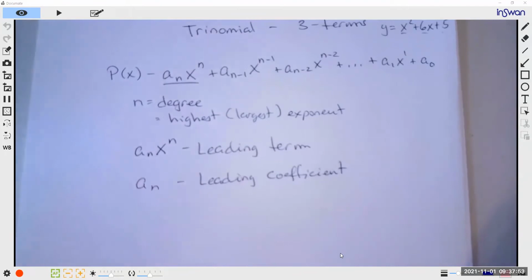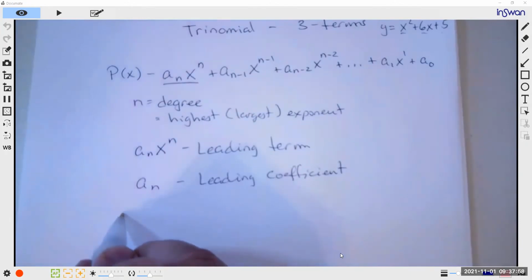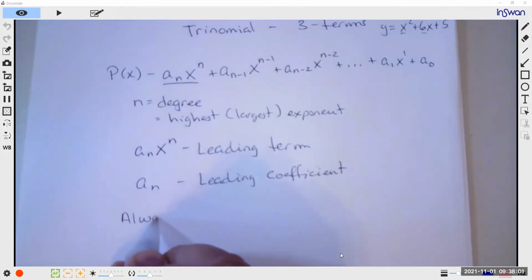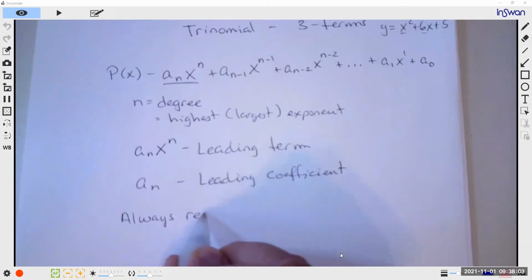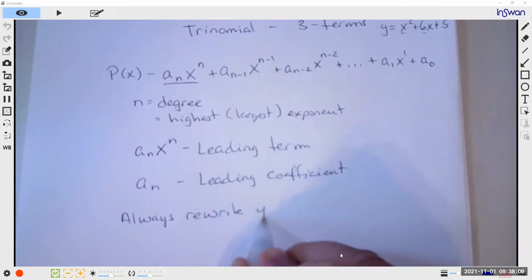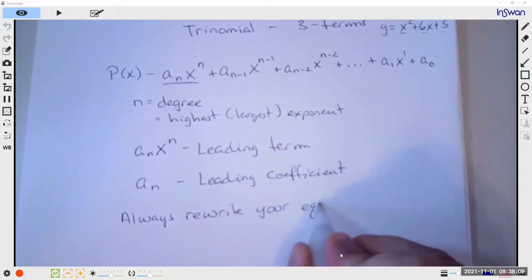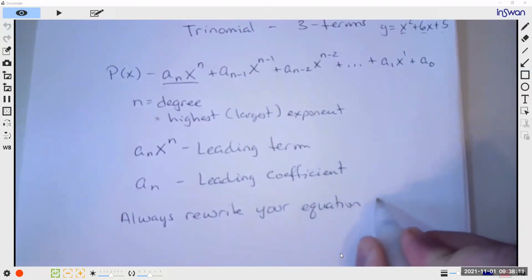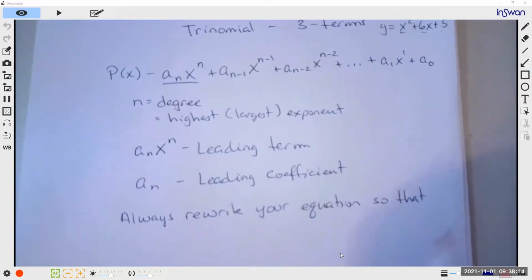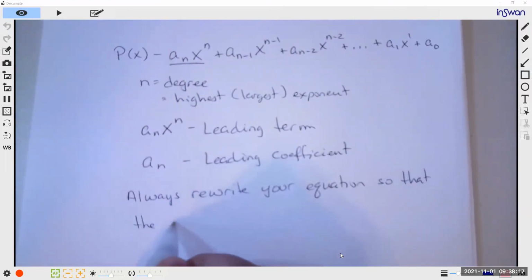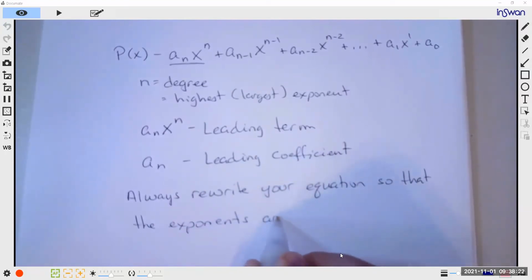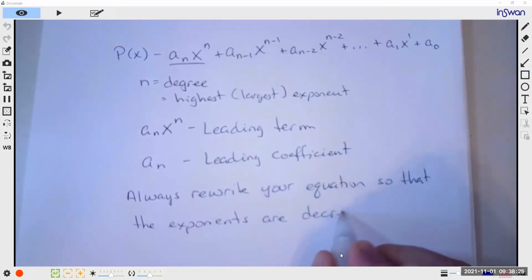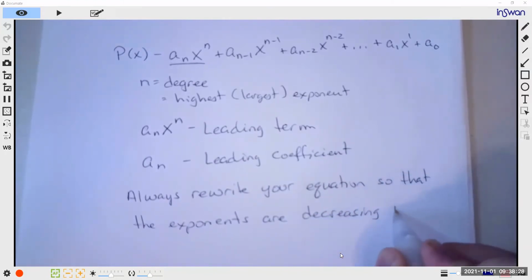So again, whenever you have a polynomial equation, always rewrite your equation so that the exponents are decreasing in size.